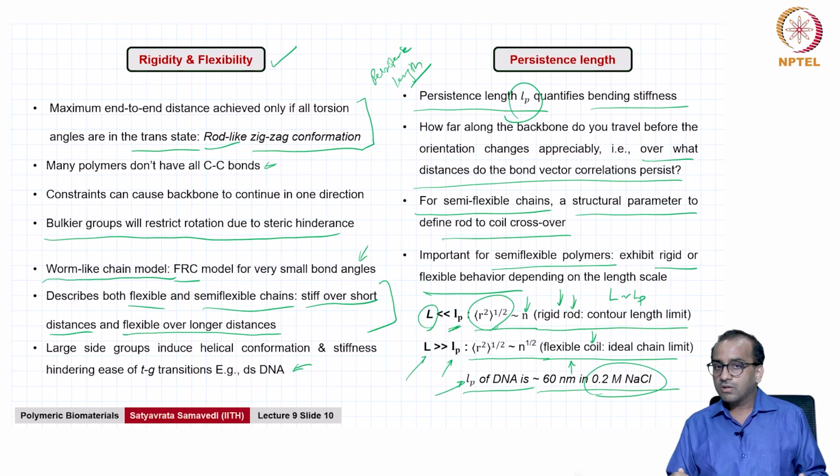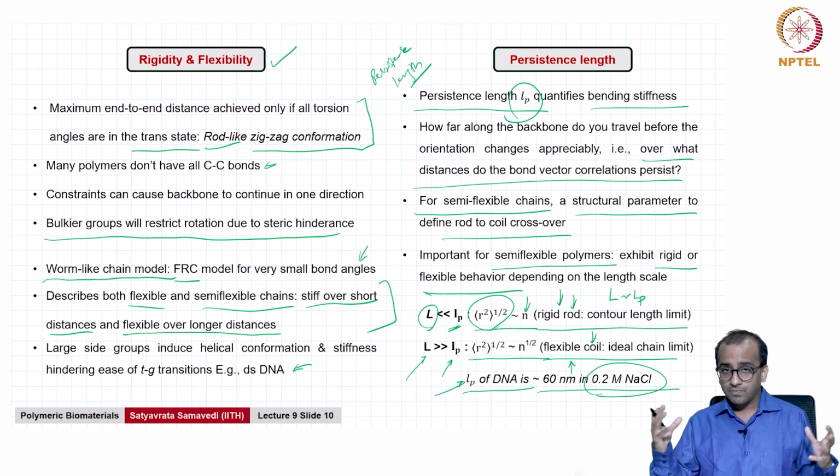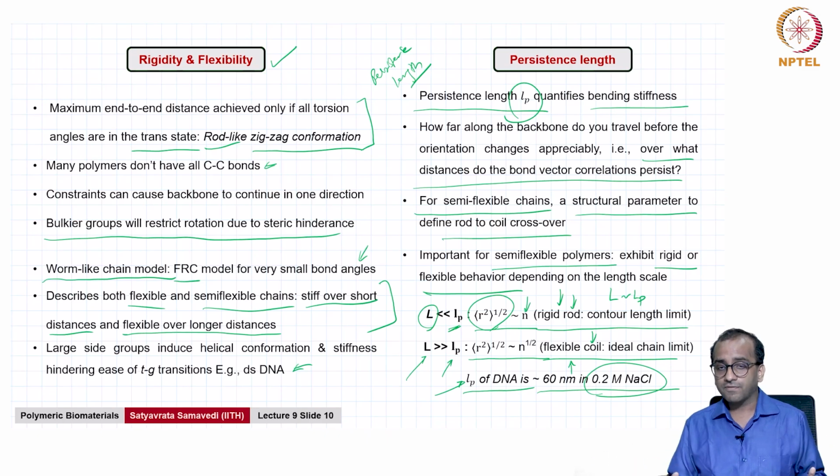So, for low salt concentrations where the charges on the DNA repel each other, DNA can be very stiff, the molecule itself can be very stiff. And as you increase the salt concentration, for example, those charges get screened and DNA can become more flexible. So, this is one way, by changing the salt concentration or the pH, one can change some of these structural properties.